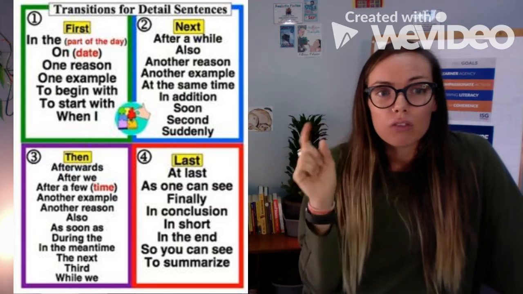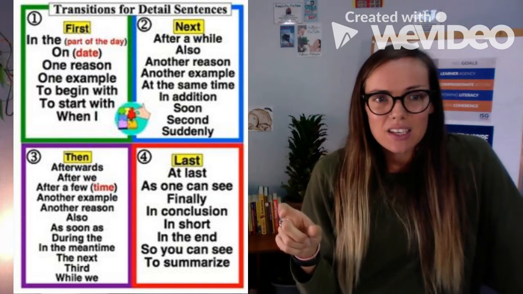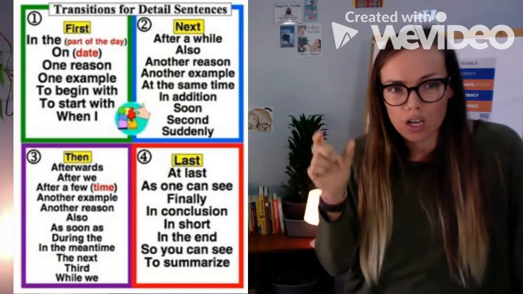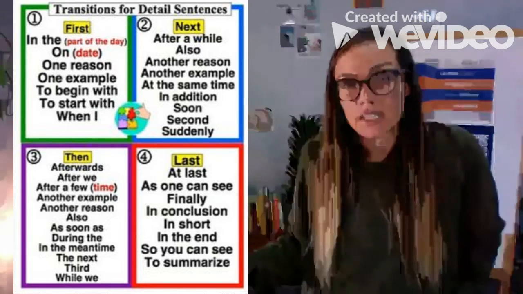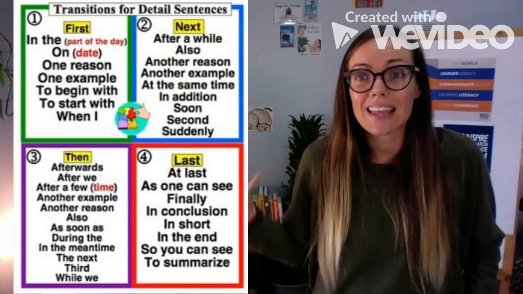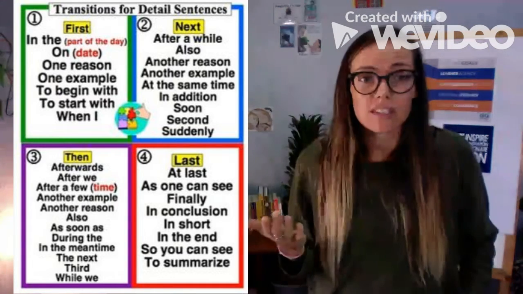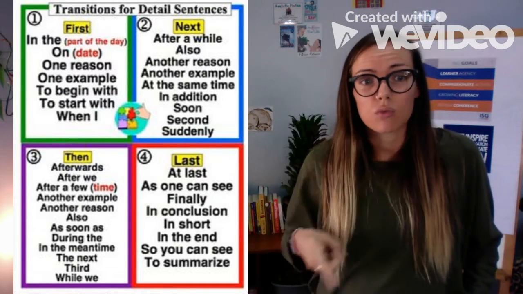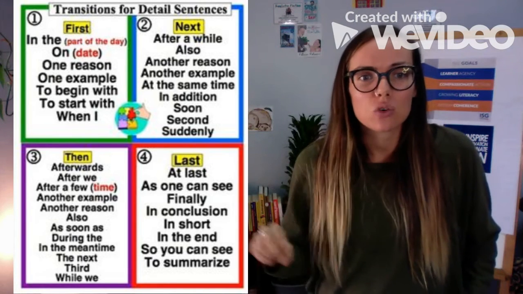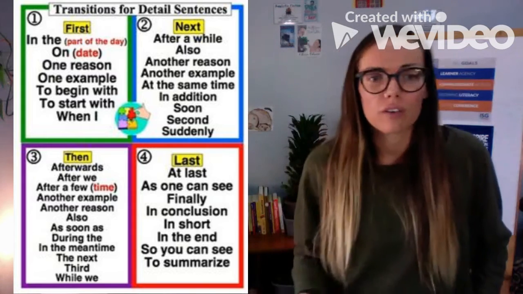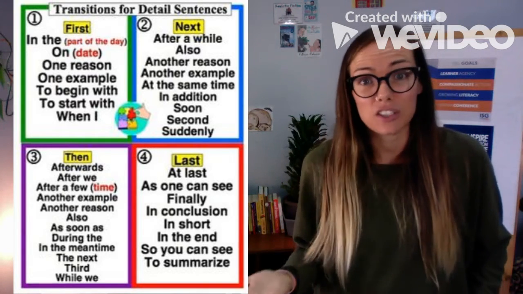Then in the purple rectangle where it says then, we see a lot more transition words that can be used like farther along in a section or in a book. And then at the end of a book, you might use some of these words in the red rectangle, like at last, or as one can see, or finally, or in conclusion.